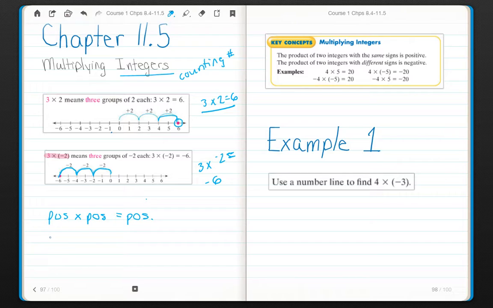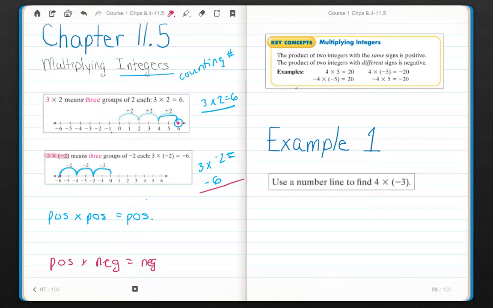A negative, we'll come back to that. A positive times a negative equals a negative number. Negative. And we saw that here in this example. 3 times negative 2 equals negative 6.